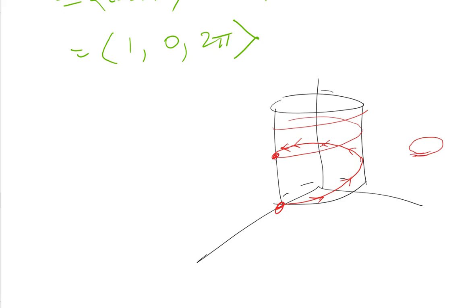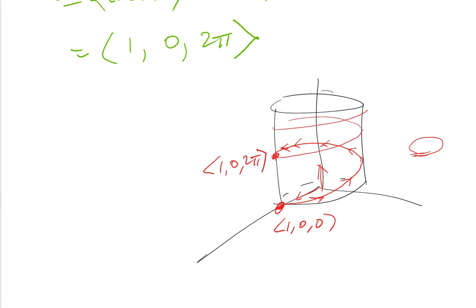Remember the radius is 1, so the bottom point is 1, 0, 0, and the top point is 1, 0, 2 pi, which makes sense because you go out 1, over 0, and then up 2 pi.